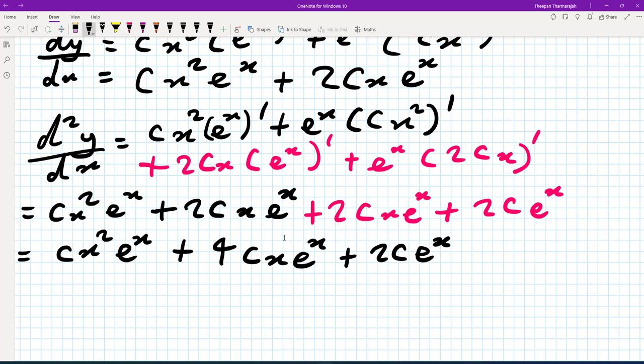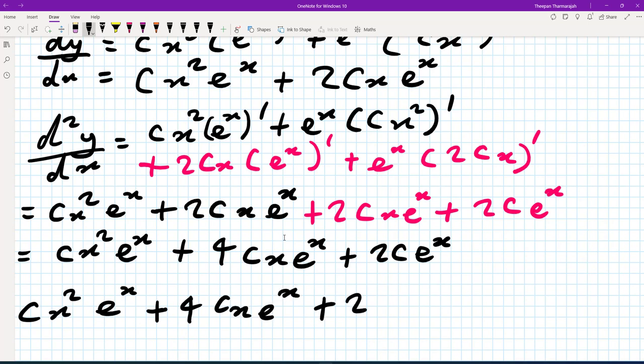Now we're going to substitute this into our differential equation. So we get cx squared e to the x plus 4cx e to the x plus 2c e to the x, and then we have minus 2 times dy by dx.